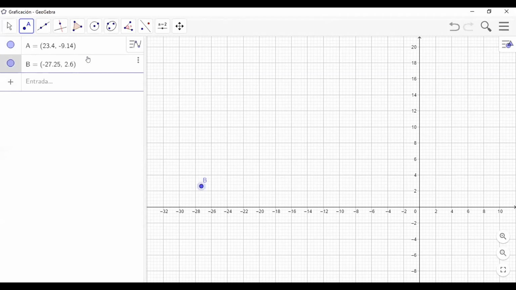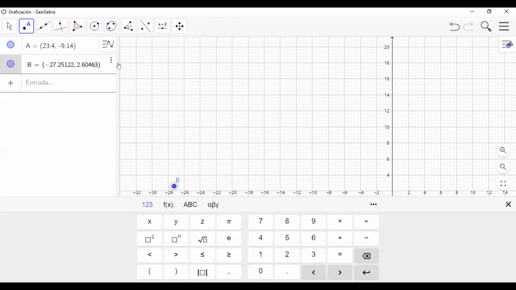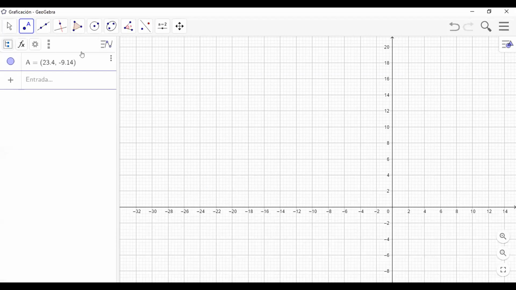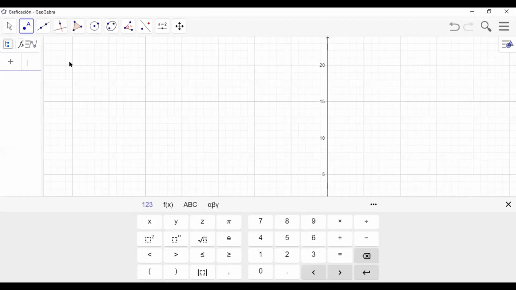But I don't understand how to use this, teacher. Okay. So, yes, erase. Click again. Erase. Very good. Now, input, click, and type y equals.